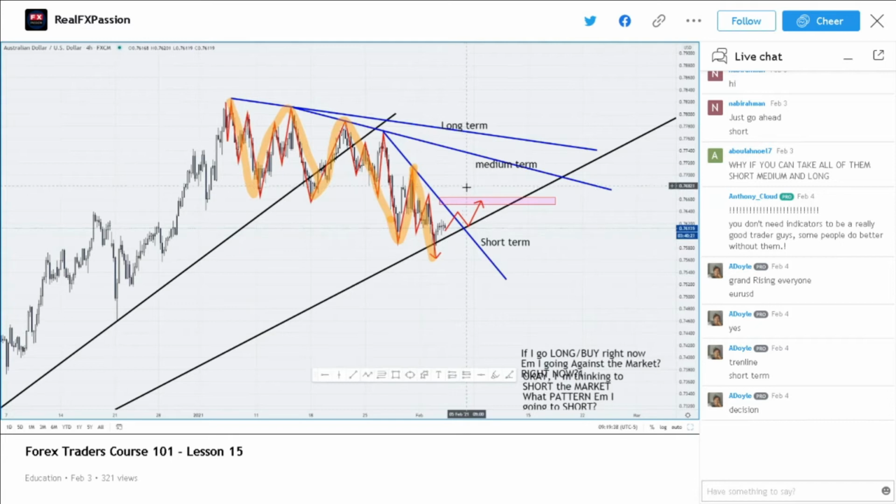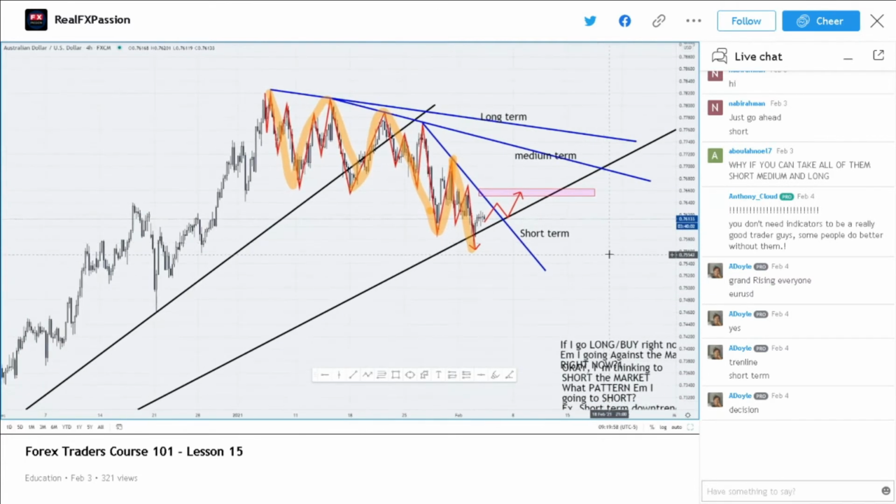There is no right or wrong, it's a decision. We are shorting the short-term down trend line, the aggressive one, the blue. Here is our stop loss. If we are wrong, we want to be out of the market as soon as possible. Make sense, everybody? Why the stop loss is here?